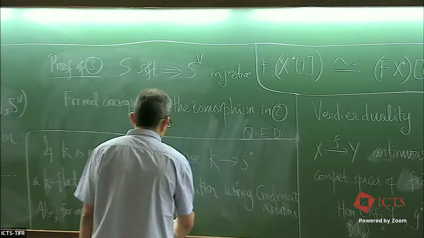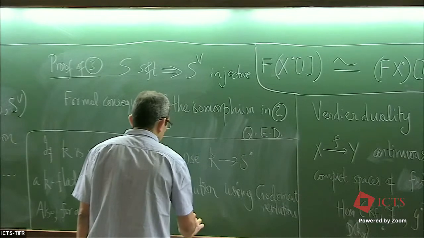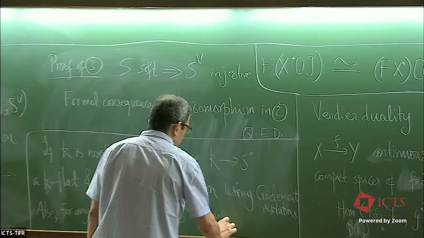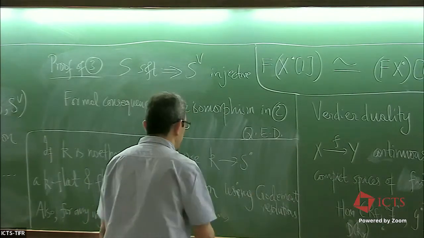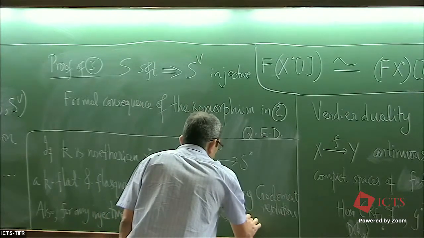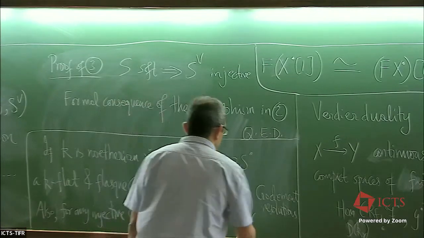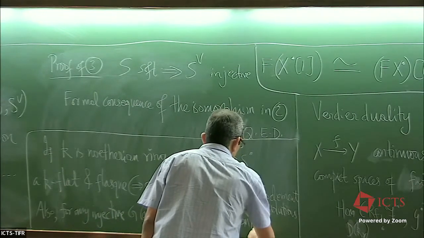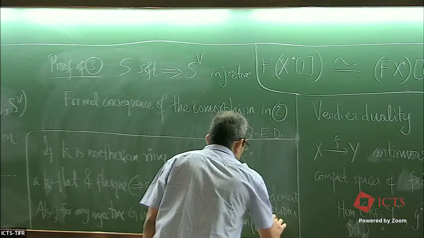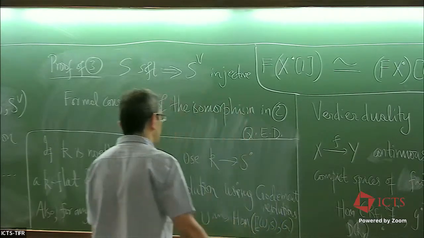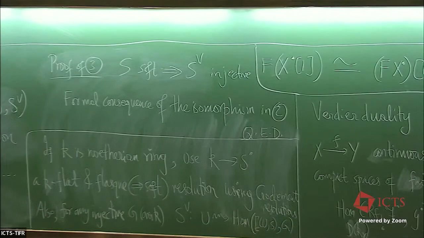So S dual will be U goes to Hom of gamma_c(U, S) into G. You have to use that instead of just the vector space dual of gamma_c(U, S). And then just go through again the whole proof and check that you can still fix it.